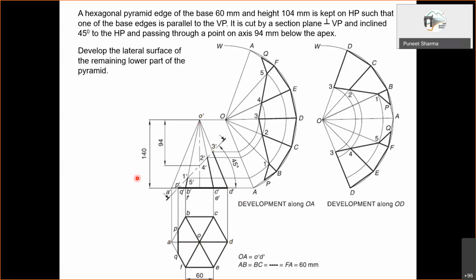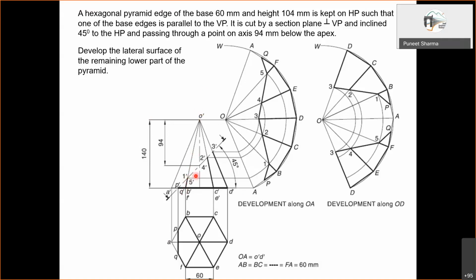So you need not make any edge parallel, but whichever intersection points are on other slant edges which are not parallel to the vertical plane and not giving the true length in the front view, for those, like O dash B dash or O dash F dash coincident on this edge, 1 dash and 5 dash are intersected by the section plane at this location.